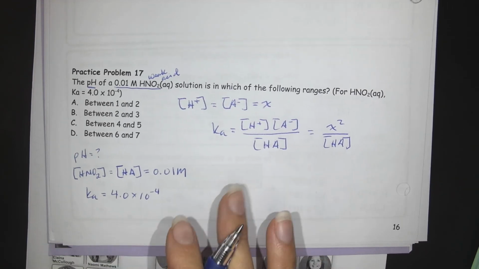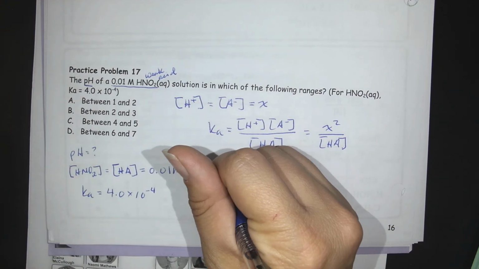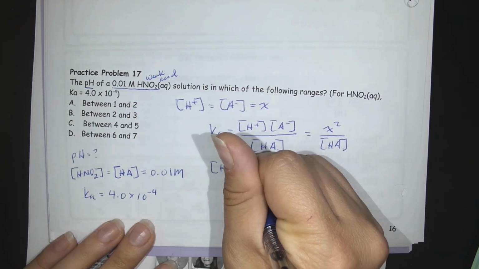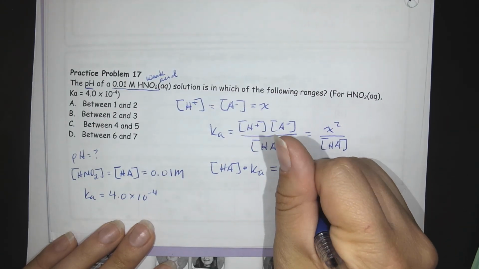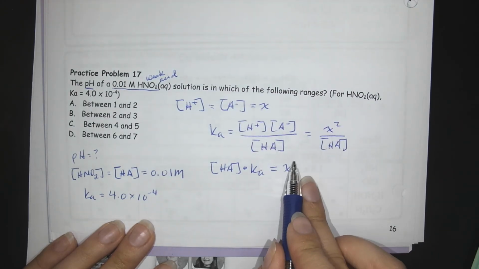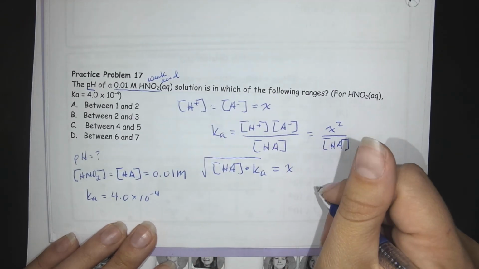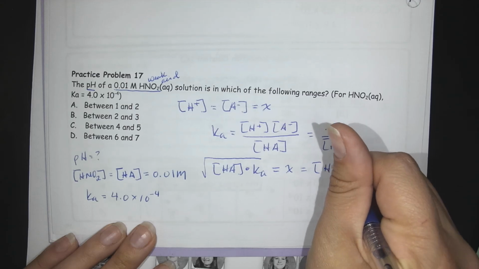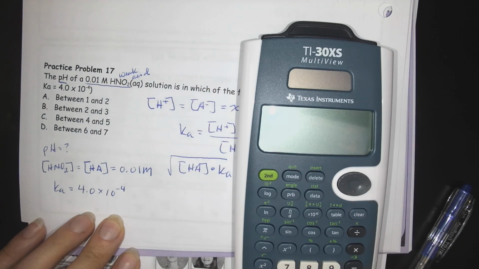Now let's rearrange and solve for x. If I take the concentration of the acid and multiply this by Ka, that will equal x squared. Then if we take the square root of both sides, that equals x, which is H plus. All right, great.